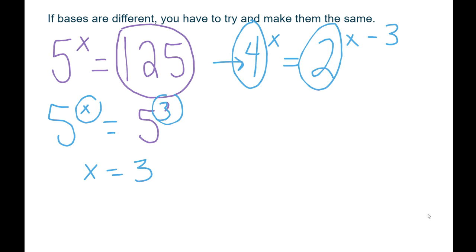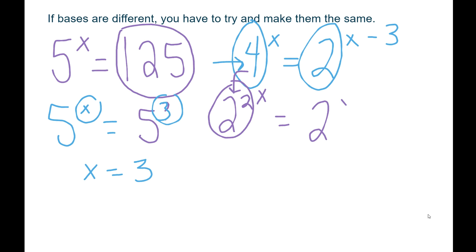So how could I write 4 as 2's? Well, we could write 2 squared. See how this 4 still means 4. 2 squared is still 4, but now this 2 squared represents the 4, and we can't forget this x that still comes along with it.